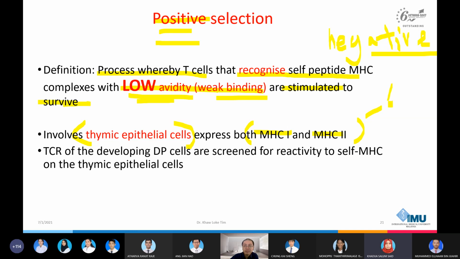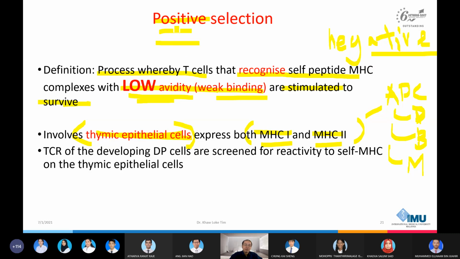Antigen presenting cells. Yep. And antigen presenting cells are your dendritic cells, B cells, and macrophages. However, with one exception, you have the thymic epithelial cell. They also express both MHC class 1 and MHC class 2.